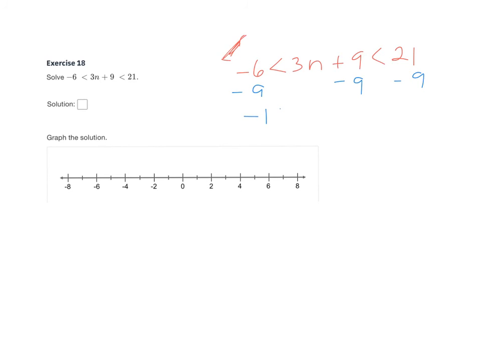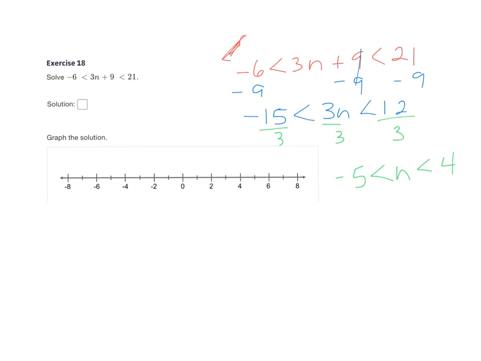This will give me negative 15 is less than 3n is less than 21 minus 9 would be 12. Okay. Then we're going to divide everything by 3. Dividing everything by 3, I would get negative 5 is less than n is less than 4.